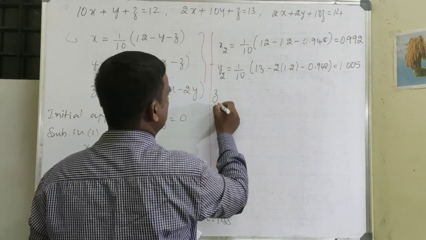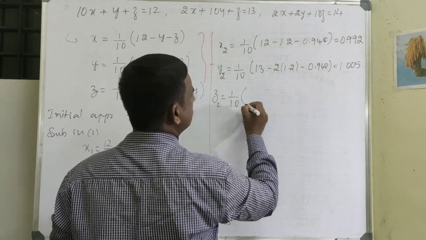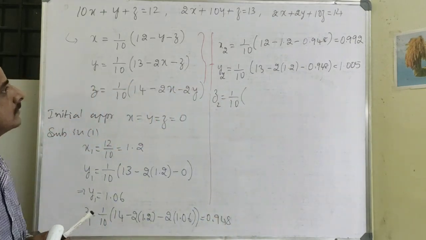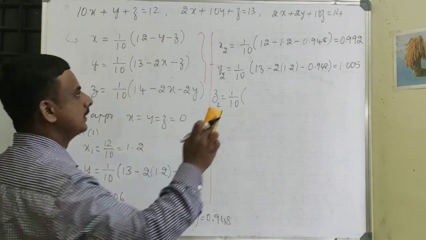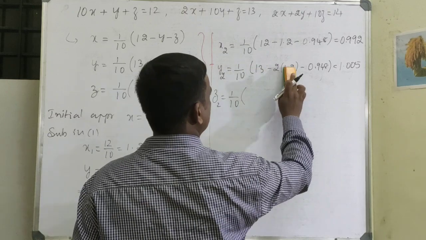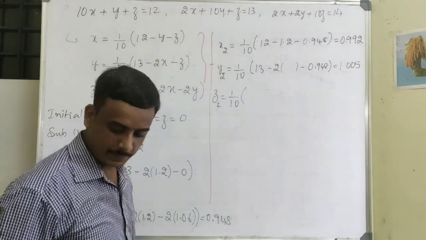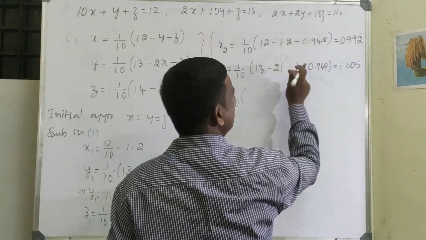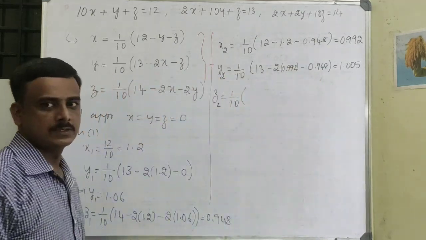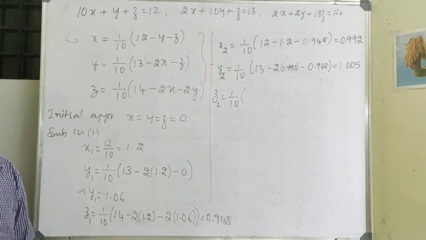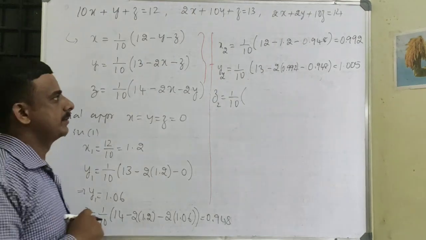Next z2, 1 by 10 into, sorry, I committed a mistake here. So here in 2x1, it should not be 1.2, I have to substitute this value here, so 0.992. That is the mistake. Whatever x value comes must be substituted in the immediate next equation; the previous value is not carried.